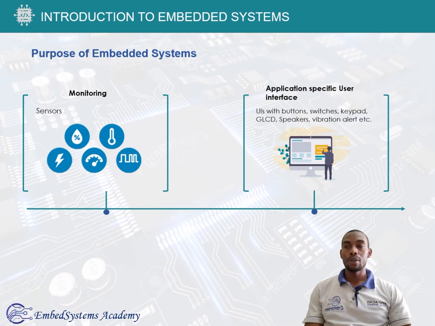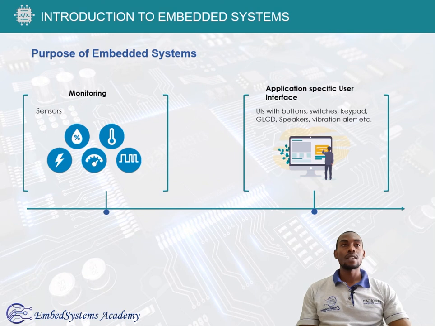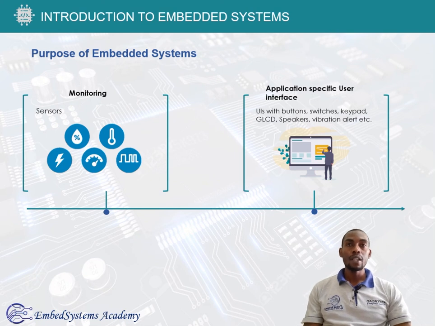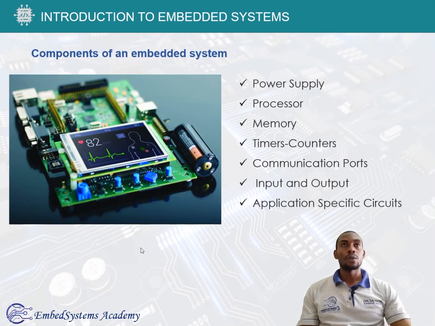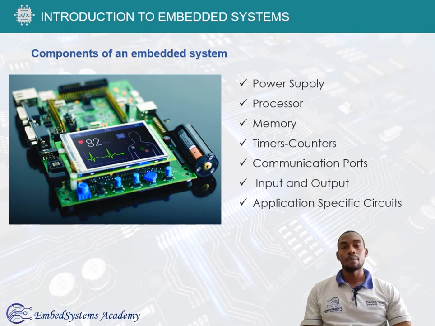And so what are the components of a typical embedded system? Remember, we defined an embedded system as a collection of entities that are doing a specific task. So what are these components? One, any embedded system has a power supply.